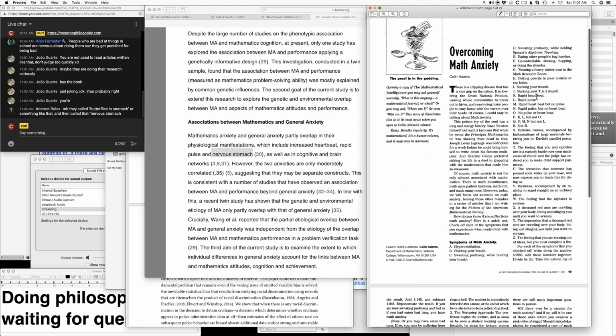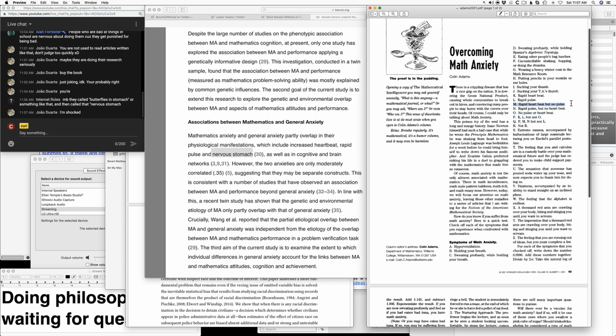Sucking your thumb, rapid heartbeat, rapid pulse, rapid heartbeat but no pulse. Rapid pulse but no heartbeat. No pulse or heartbeat. Yeah, they're fucking joking. Putting pencils in your nostrils or ear holes.